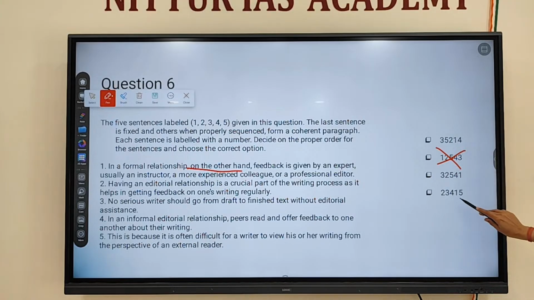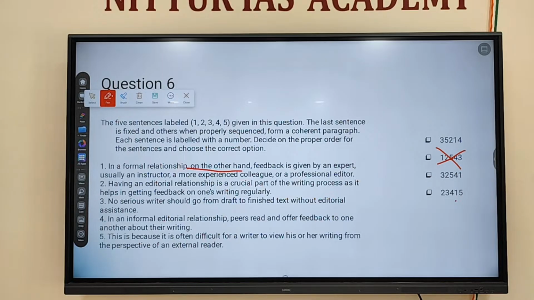Let us try and look at this one, 2, 3, 4, 1, 5. So having an editorial relationship is a crucial part of the writing process as it helps in getting feedback on one's writing regularly. And no serious writer should go from a draft to finished text without editorial assistance. Do we think the other way around?